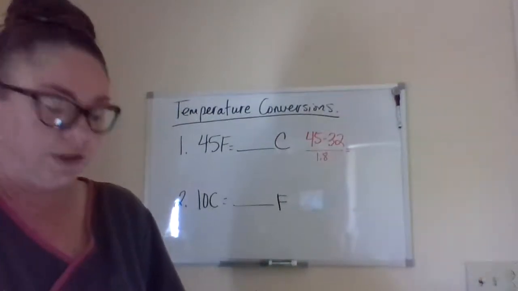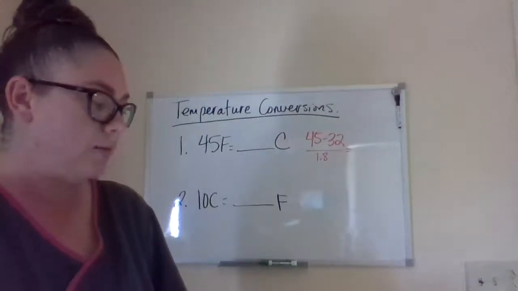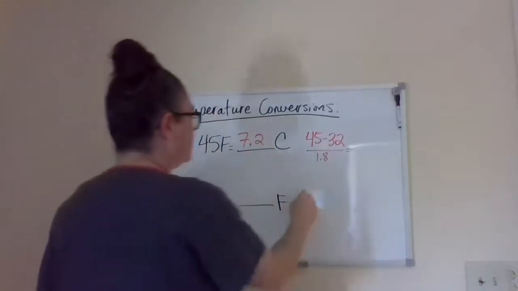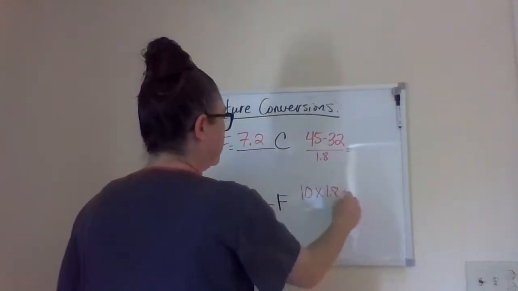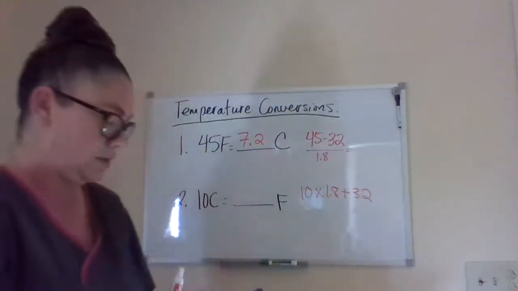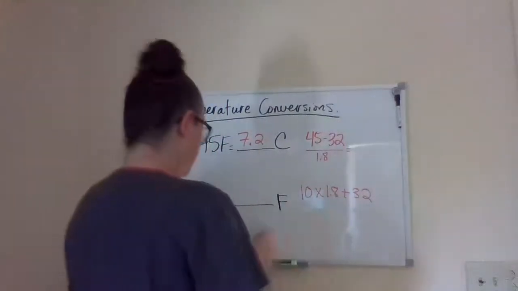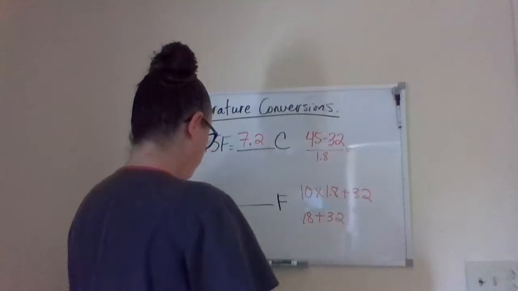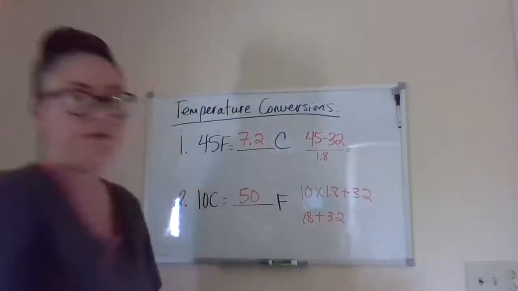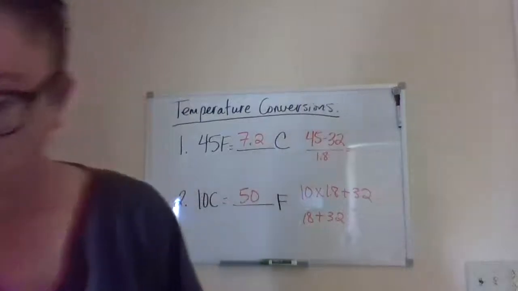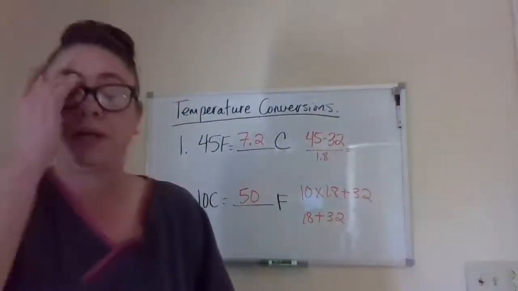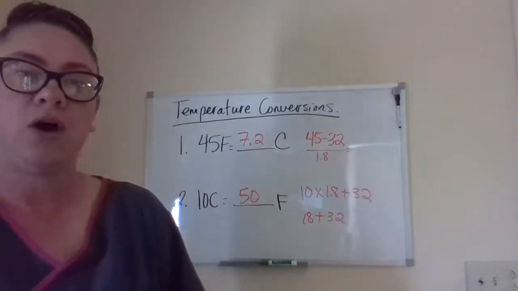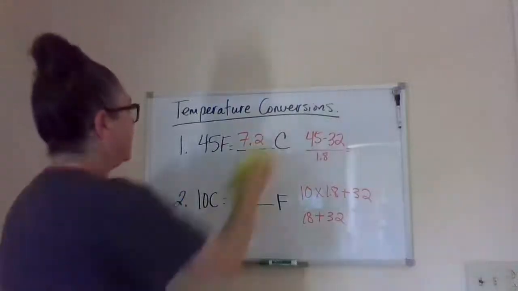So 45 minus 32 is 13, divided by 1.8, and we get 7.2 degrees Celsius. Here, 10 degrees Celsius: 10 times 1.8 plus 32. So 10 times 1.8 is 18, plus your 32, and you get 50 degrees Fahrenheit. Those are pretty simple. The memorization of the formulas tends to be the hardest part, but make sure you're doing that.